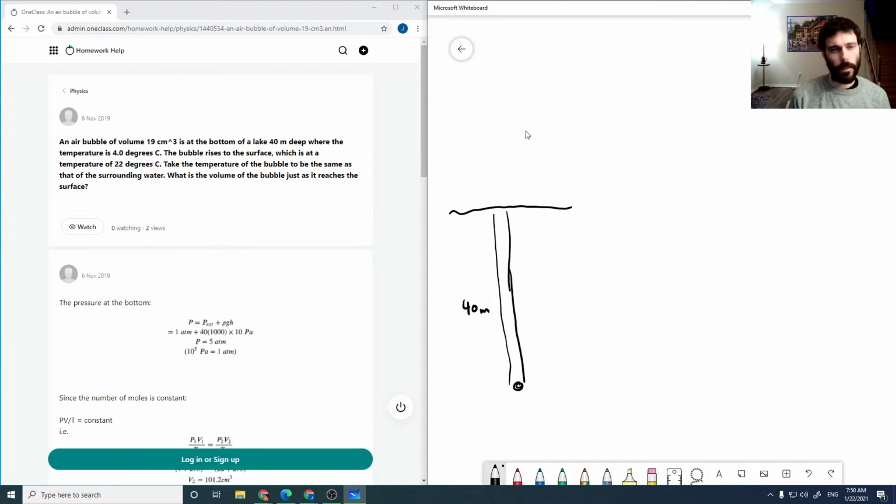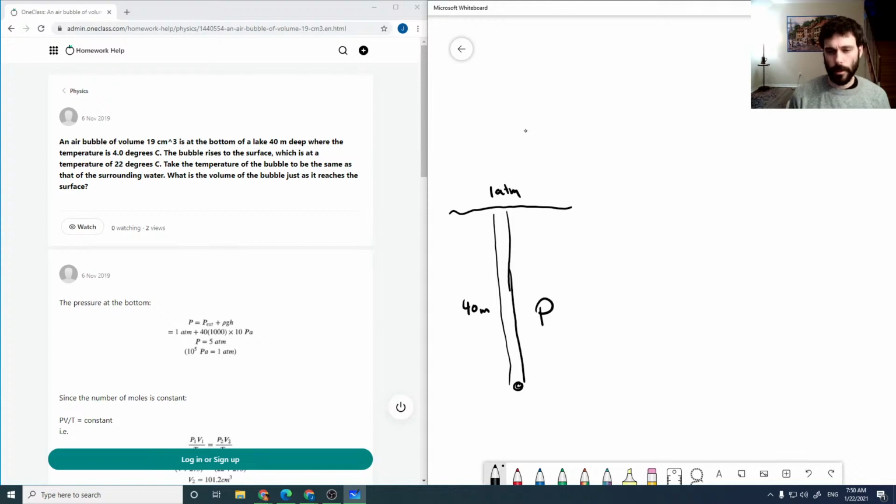So then the pressure on the air bubble, or at the air bubble, is rho, so the density of water. Sorry, let's start over a little bit here.